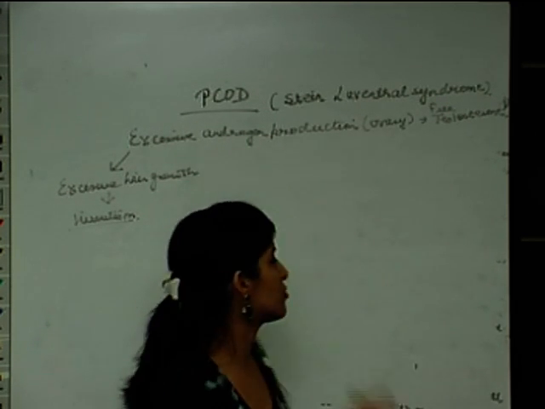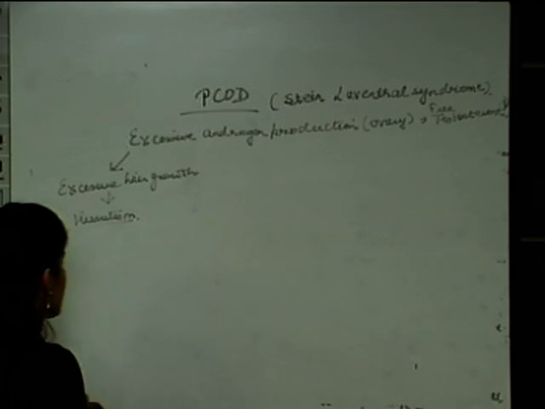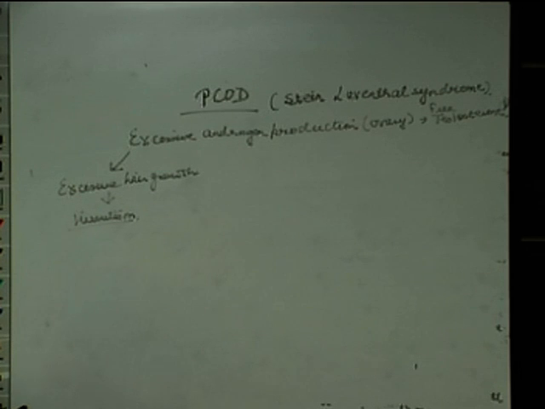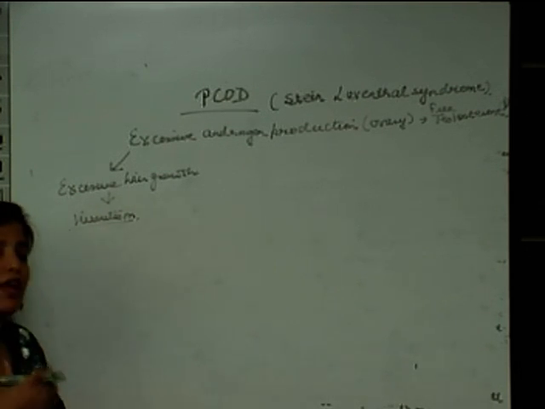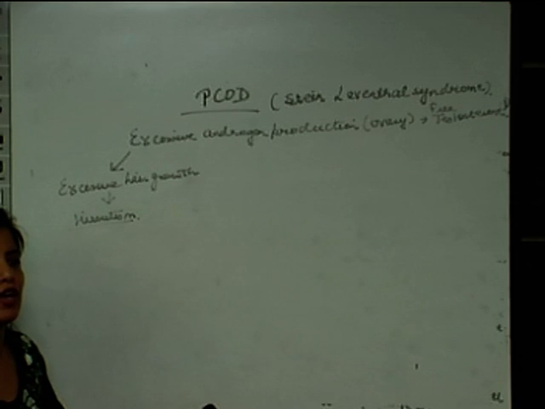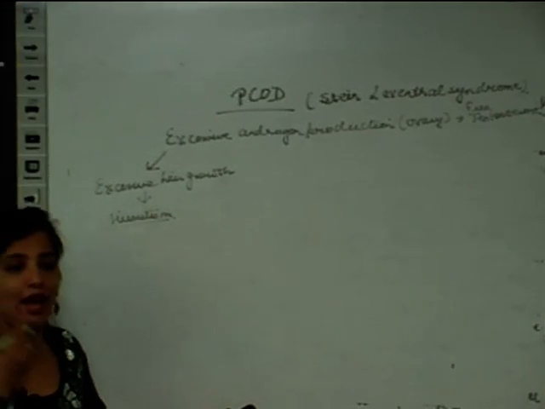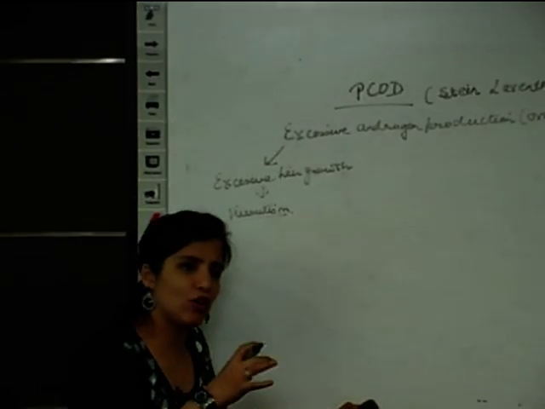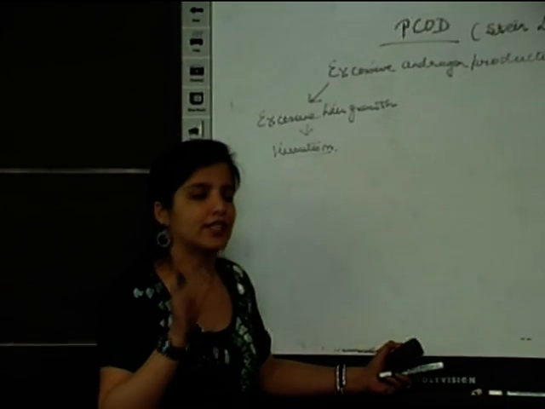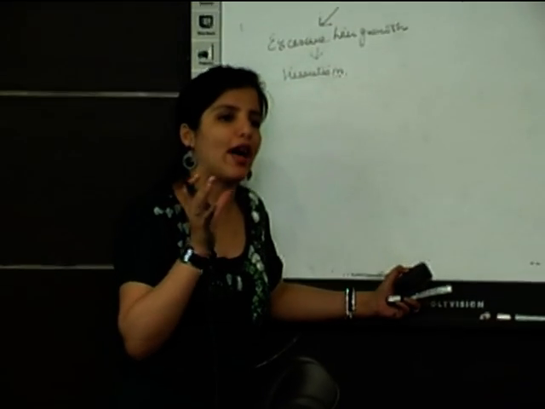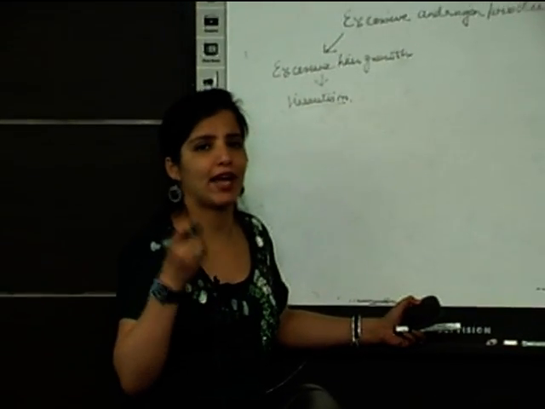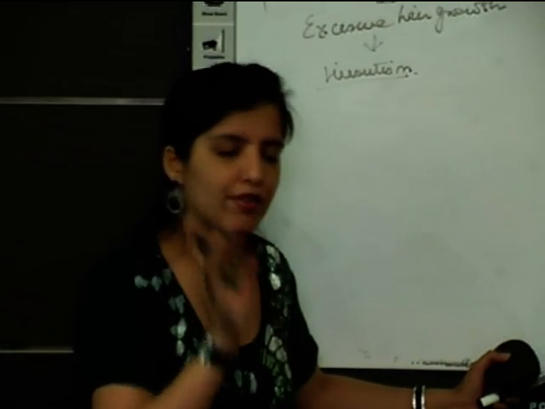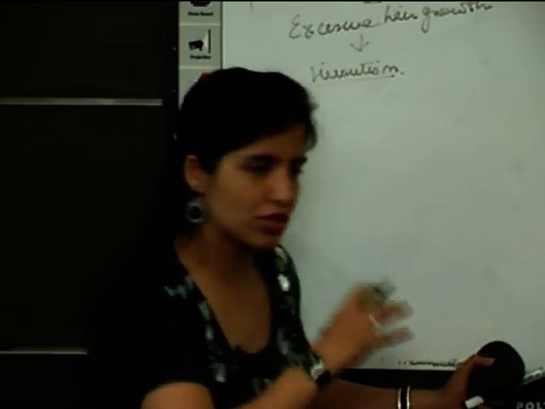So this is the difference between these two questions. Excessive androgen production on one hand is going to lead to hirsutism. Other features of virilization, like clitoromegaly, deepening of voice, and alopecia, are very rare. Although they can occur, they are rare. The main feature is hirsutism.